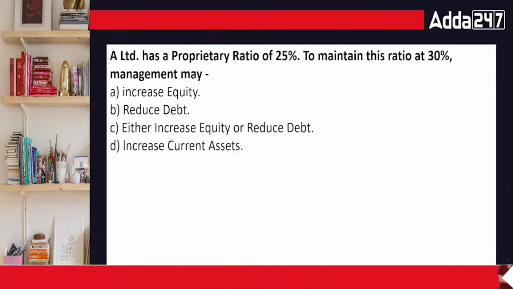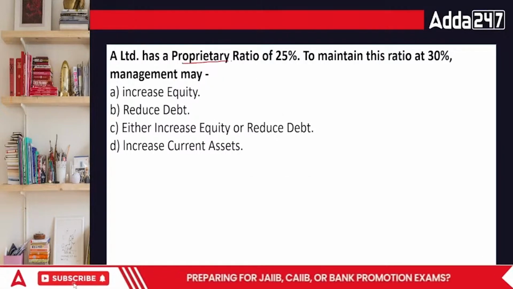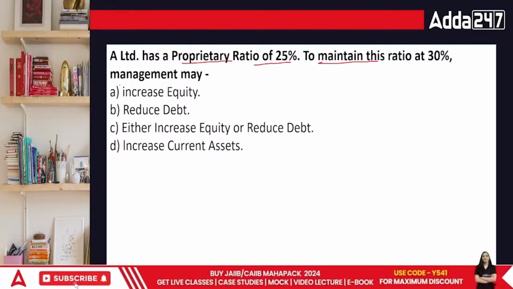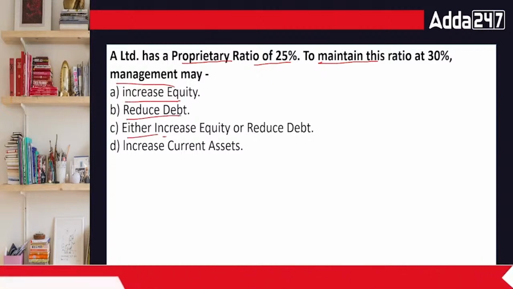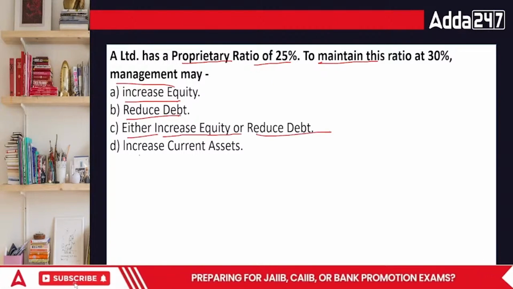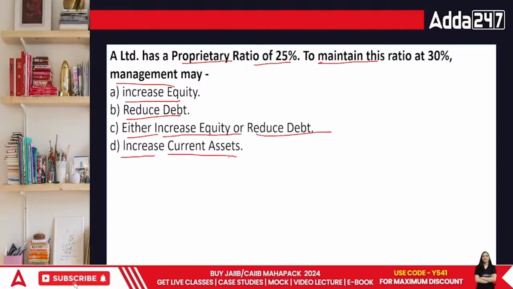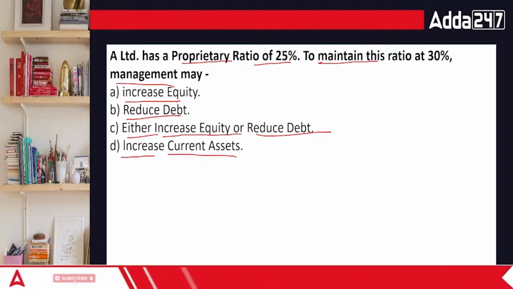Okay, next part. A has the proprietary ratio of 25%. To maintain this ratio of 30%, management may increase equity, reduce debt, either increase equity or reduce debt, or increase current assets. Proprietary ratio is basically the ratio which talks about equity portion or the proprietor's portion in the business, right?